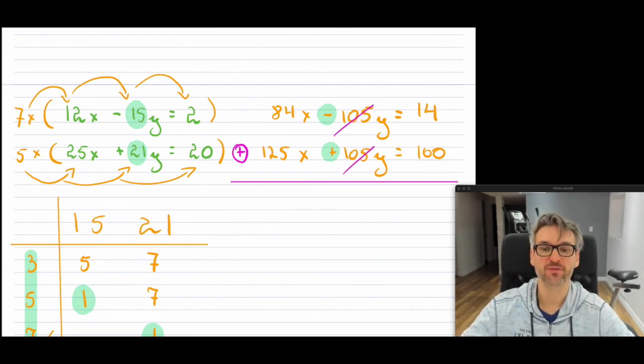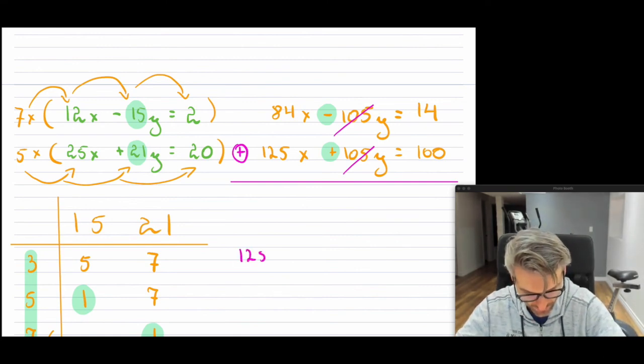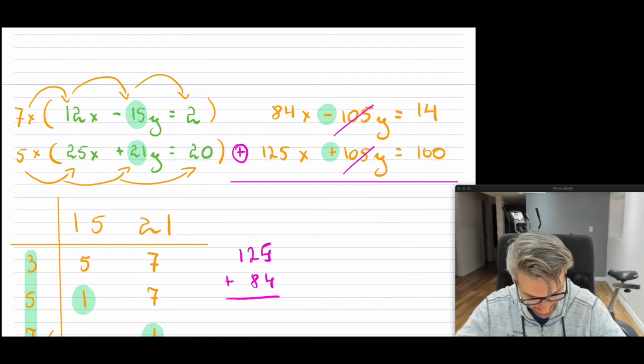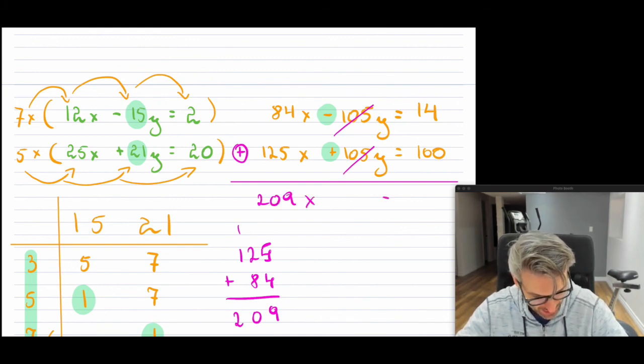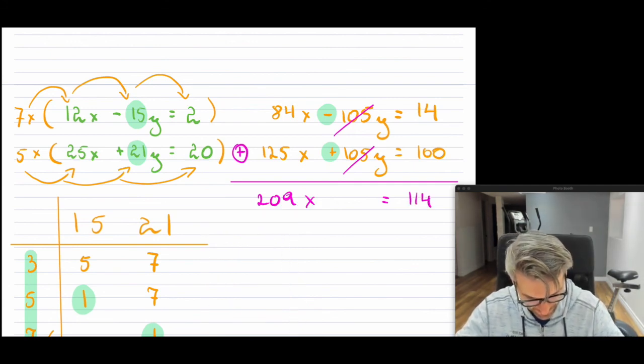And now 84 plus 125. So if I'm adding these, that's going to be 9, and this is 10, so that's 209. So 209x equals, adding that, 114. So that's what I have there.